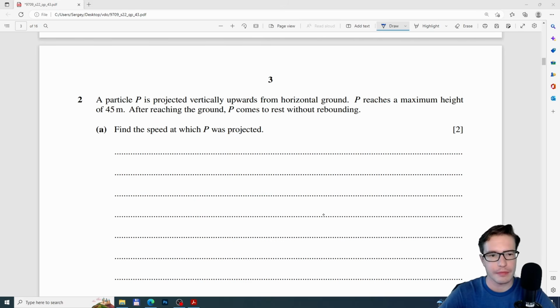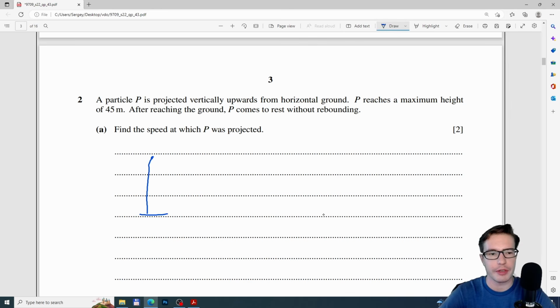Question 2a. The particle P is projected from the ground, and it's going to reach the maximum height of 45 meters, and then goes down. Alright, so the first question, we have to find the initial velocity. And for that I will use the energy. So all kinetic energy at the initial point, which is mu squared over 2, was eventually transferred into potential energy at the highest point, which is mgh, and m cancels out.